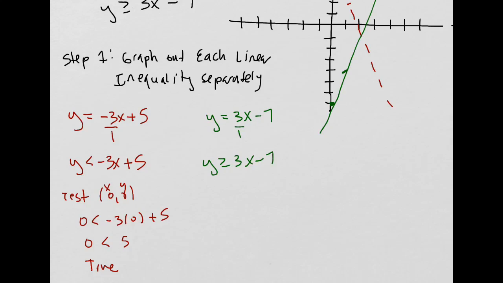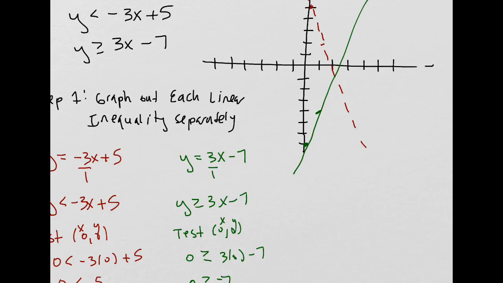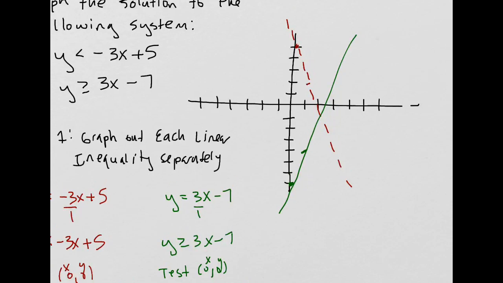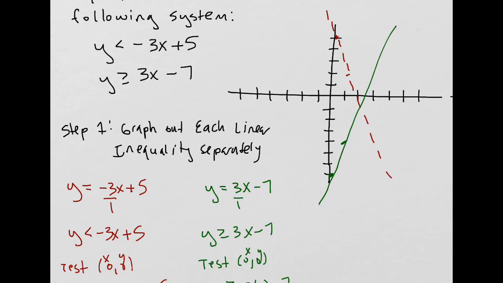Okay, let's do the green one right away. So I want to test 0, 0 again. So plug 0 in for x, 0 in for y. We get 0 is greater than or equal to 3 times 0 minus 7. If I work out the right-hand side, I just get negative 7. That again is a true statement. So that means for both the red and the green inequalities, I want to shade the side that includes the point 0, 0.